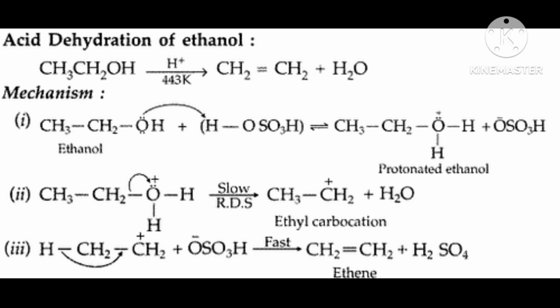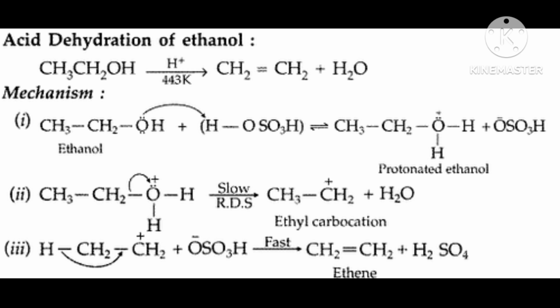And now think for the tertiary, then the same thing will happen. Again, the carbon to which OH is attached is attached with 3 methyl groups. Then what will happen, OH of the central, OH is attached with the middle carbon.